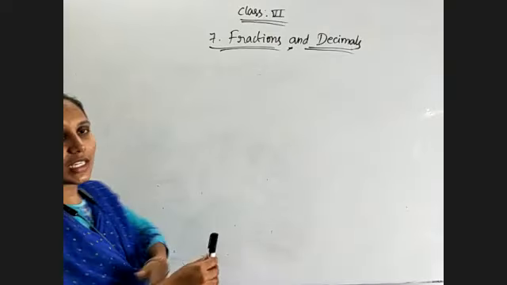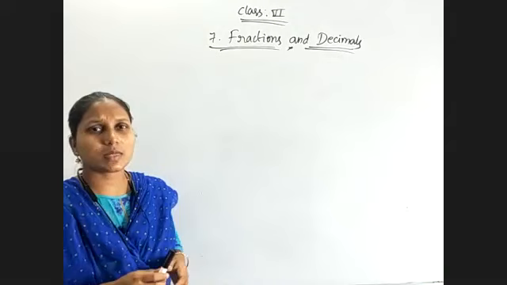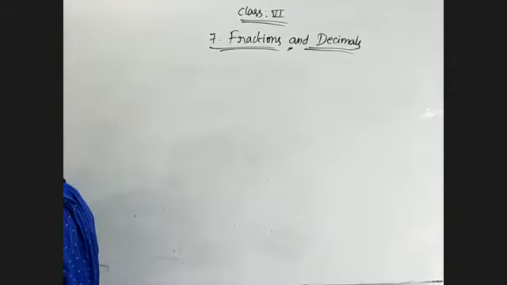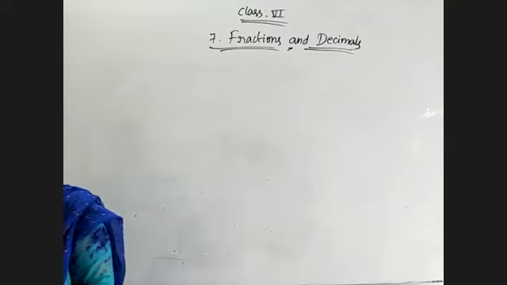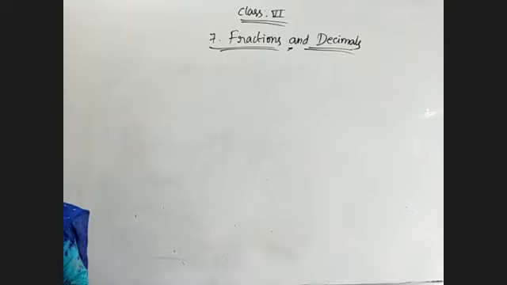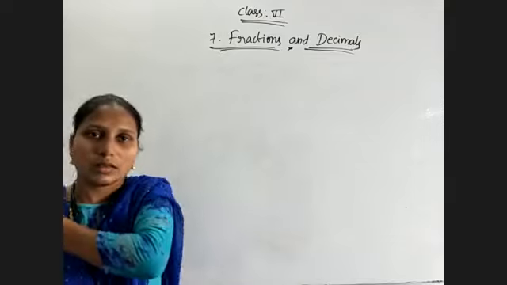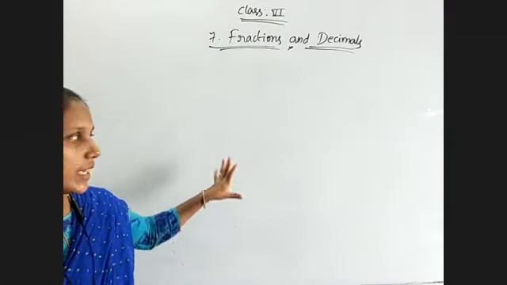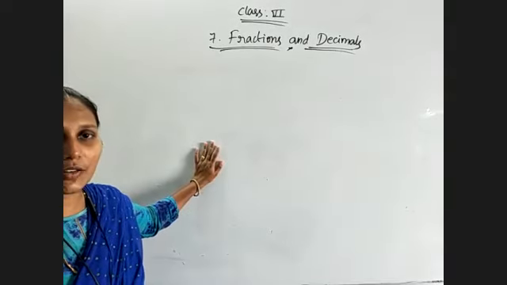So we have seen when fractions are given, we need to decide which type of fraction it belongs to. Depending on the numerator and denominator only, we have 4 types: unit fraction, proper, improper, and mixed fractions. Yes or no? So till then, we have done the problems from 7.1 also.